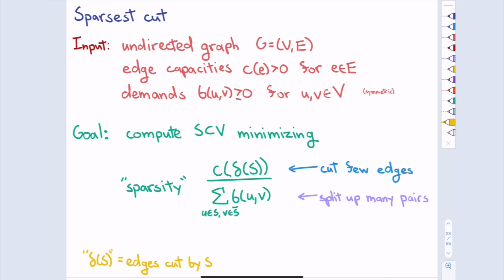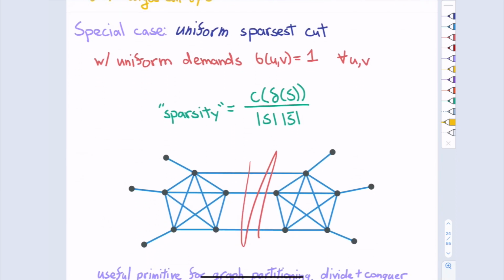That was the most general formulation, but maybe the simpler one is when we just use all pairs of vertices, in which case the sparsity of a set is how many edges am I cutting divided by the total number of pairs of vertices getting split up.